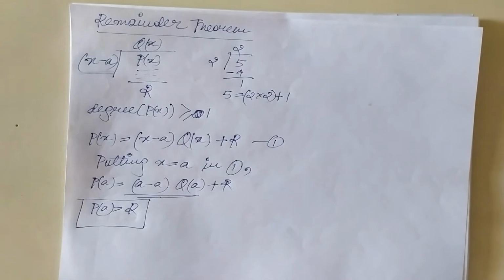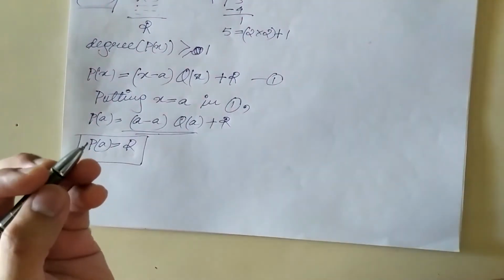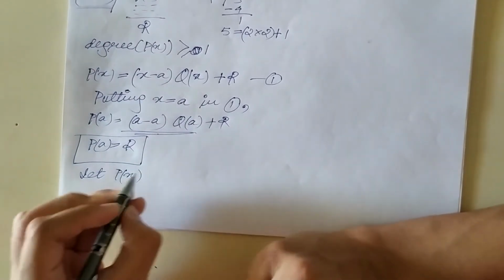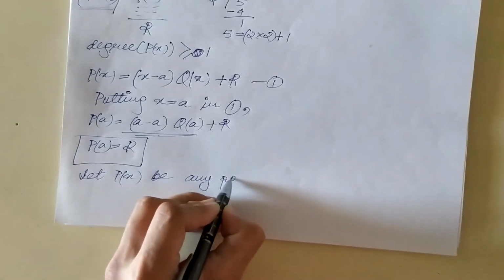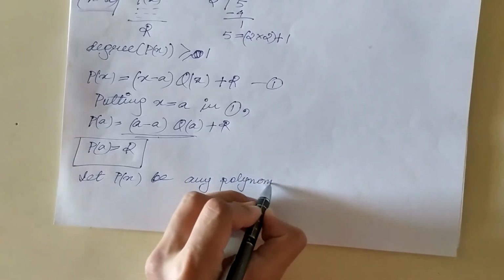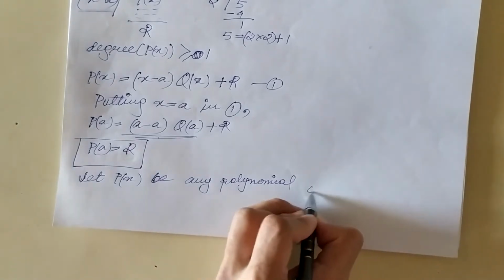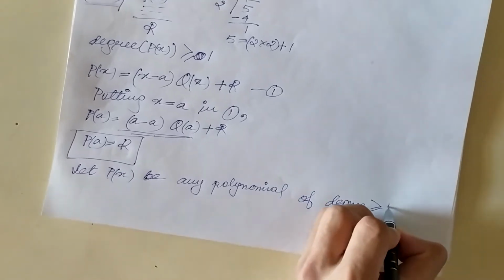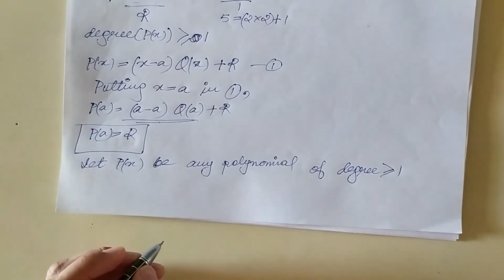So I will just write down the theorem for you. The theorem is as follows. Let p(x) be any polynomial of degree greater than or equal to 1, and a be any real number.